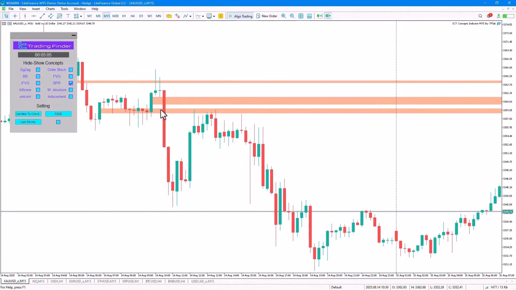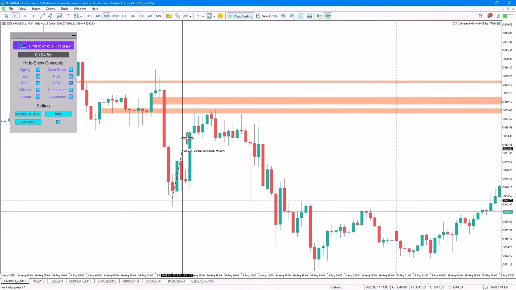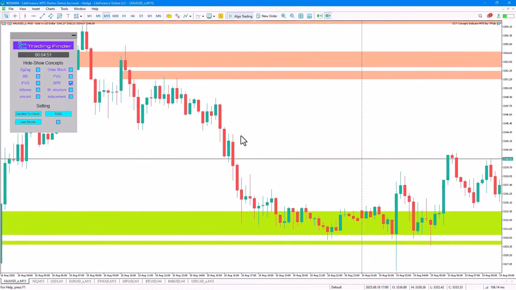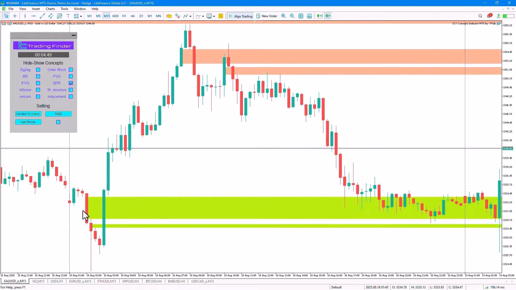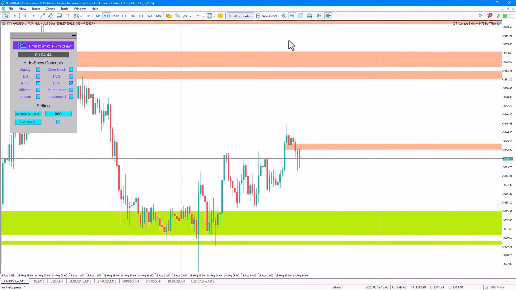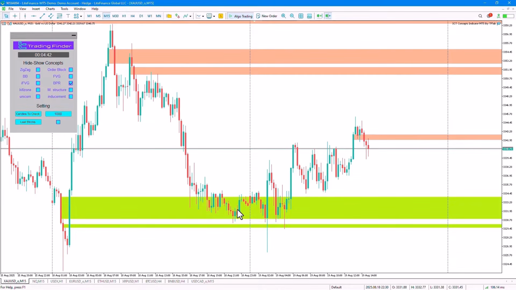Ultimately, the overlap of the bullish FVG zone and the bearish FVG zone creates a bearish BPR zone for us, and if the price returns to this zone, we can expect to see some reactions. Or at this point, a bullish BPR zone has also formed, which is shown in green, and as the price reaches this zone, we can see that it pushes the price upwards.